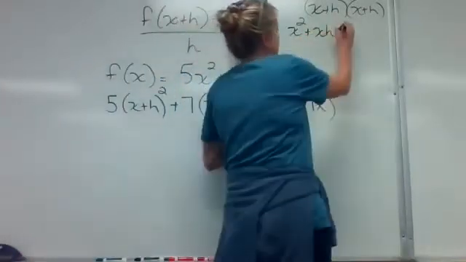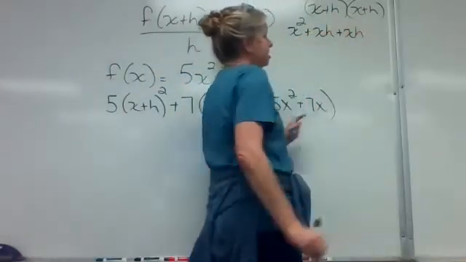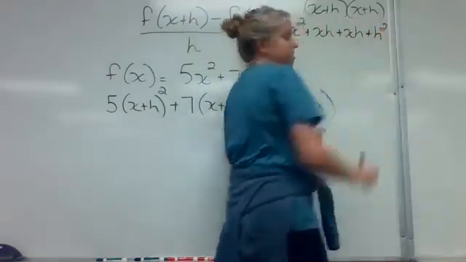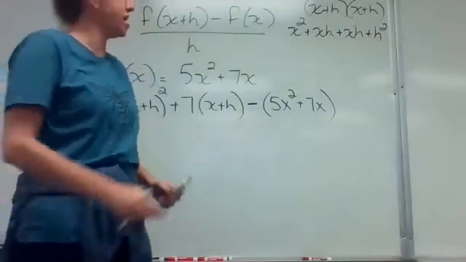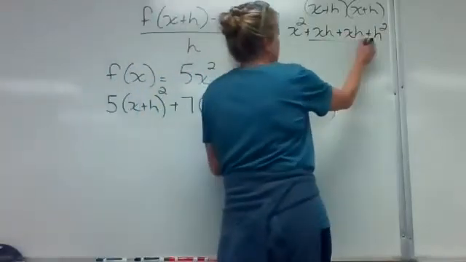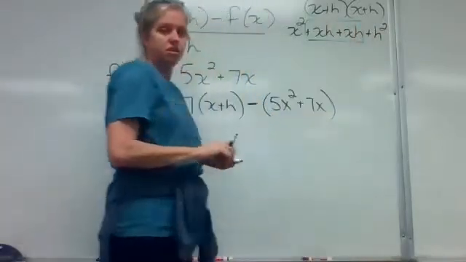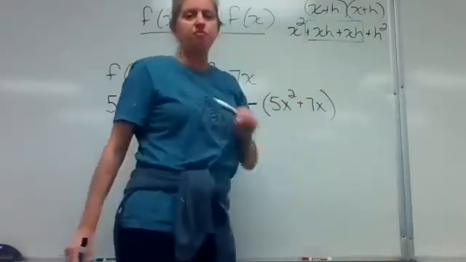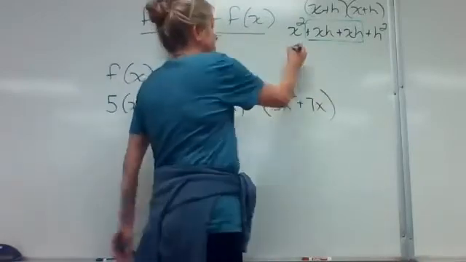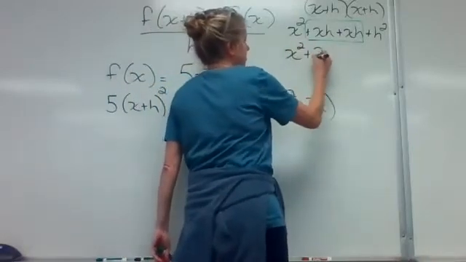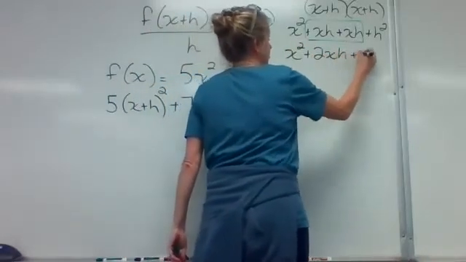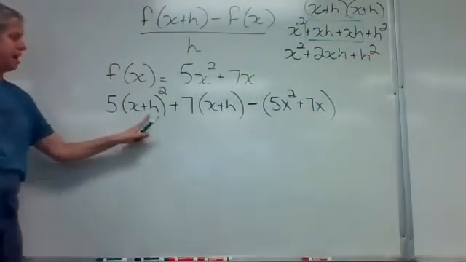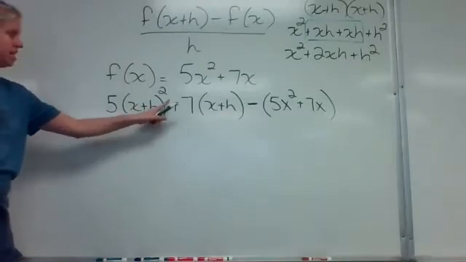My inner is actually another xh. And then my last h times h is h squared. But these two terms in the middle are like terms. And you have one here and one here. So you actually have 2xh's. So that's what comes out of the x plus h squared.